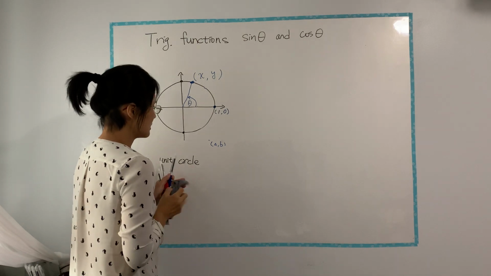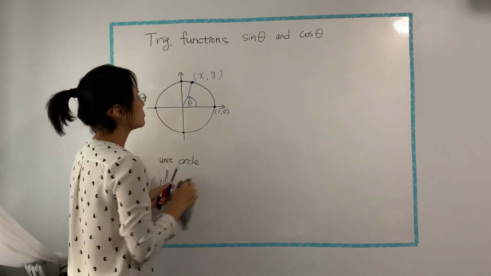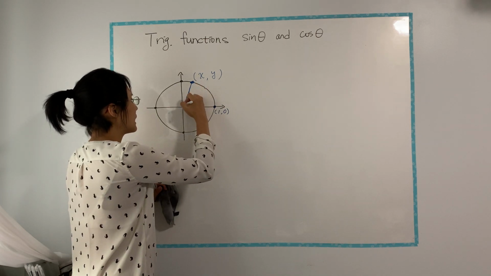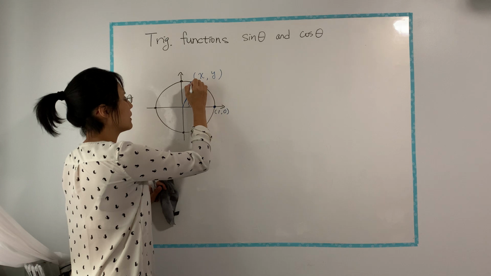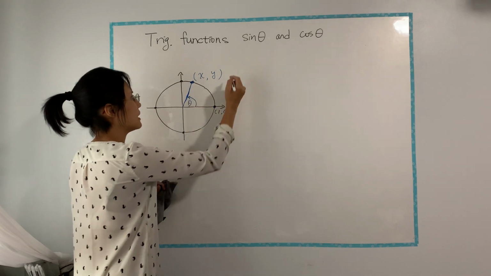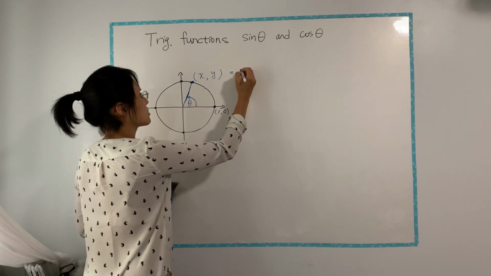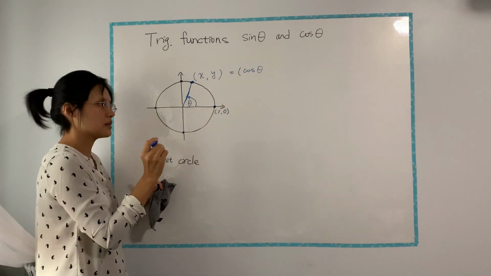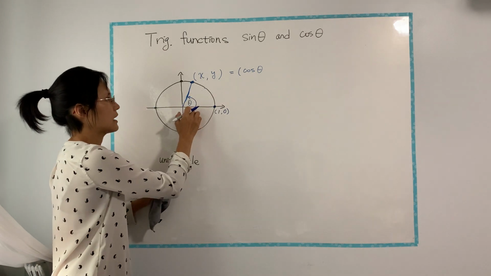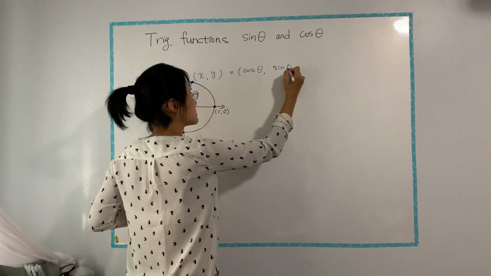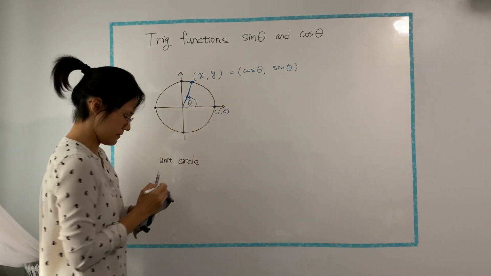All right, and the rule is, when I place this point on the circle and figure out the angle theta, the x coordinate is exactly the same as the cosine theta value, and the y coordinate is the sine theta value.